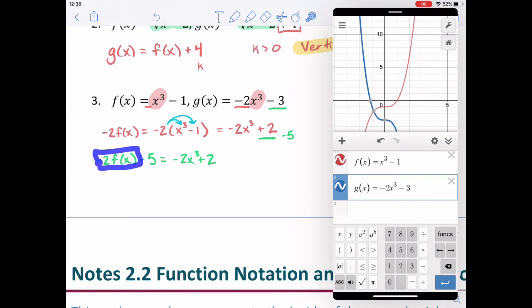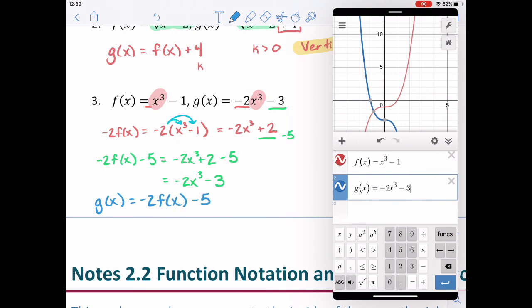So this we got from this line. And then we subtract 5. When we simplify, we get negative 2x cubed minus 3. So that should tell us that g of x is negative 2 f of x minus 5.